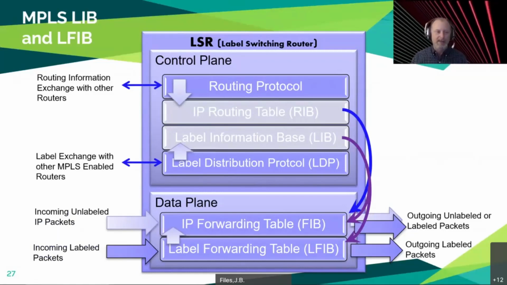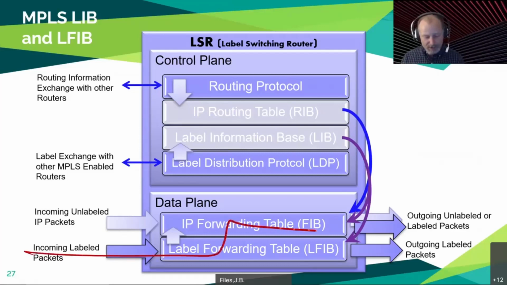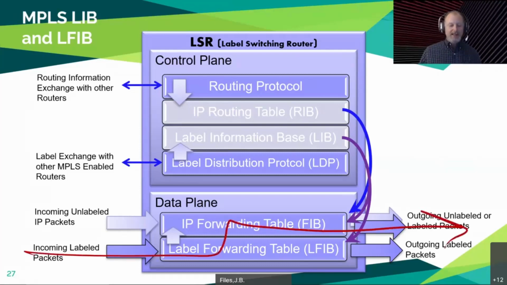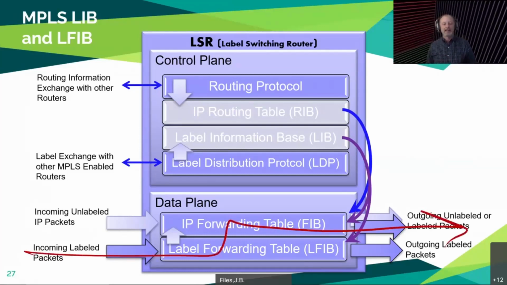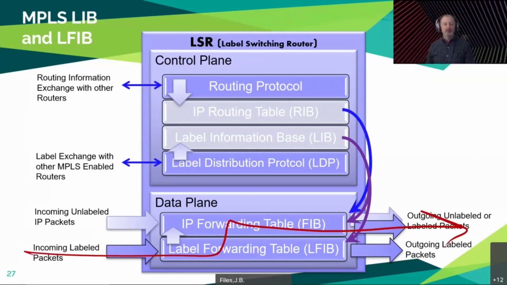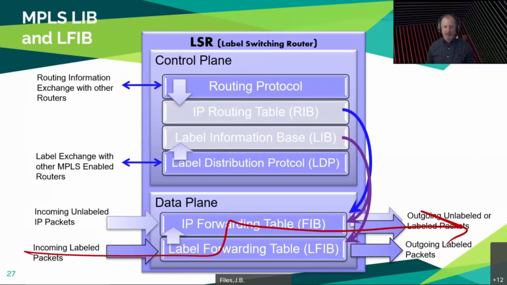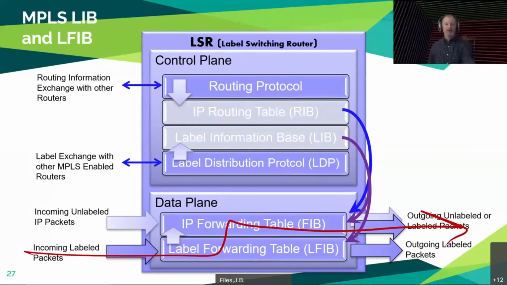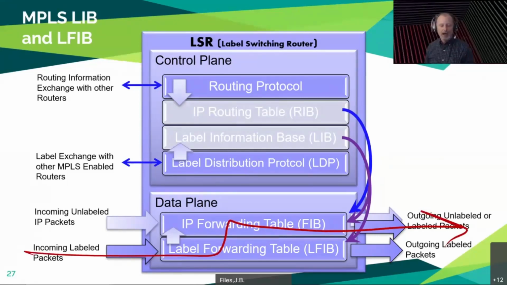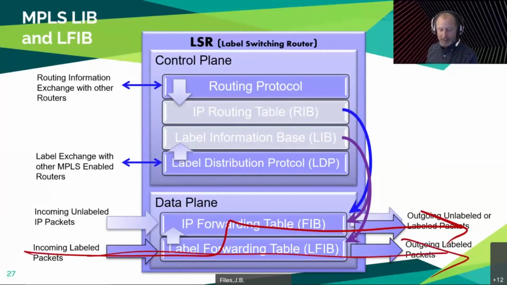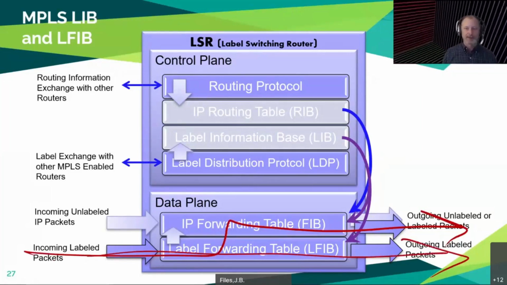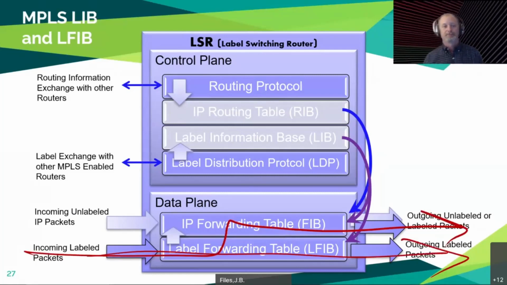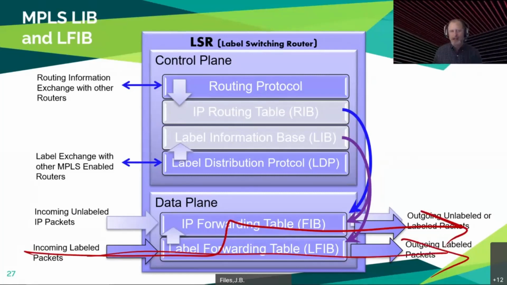Unlabeled means this is the last label switch router, and the next router is a customer router that doesn't do MPLS. So we're going to take the label off and forward it to the customer router without the label on it. Otherwise, it's going to go with the label and continue on as a labeled packet. Does that make sense? Are you picking up what I'm putting down?